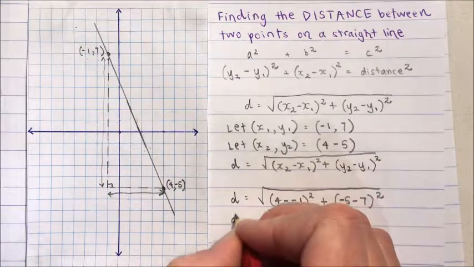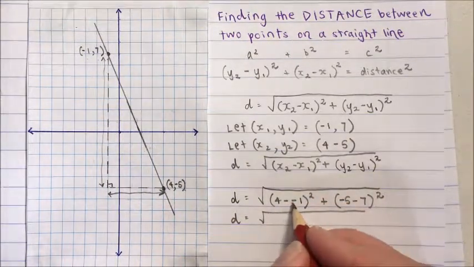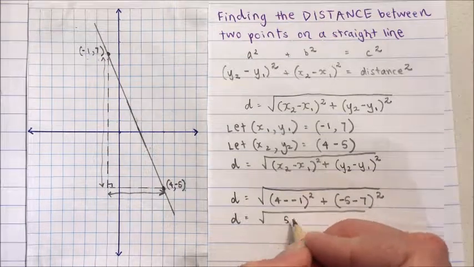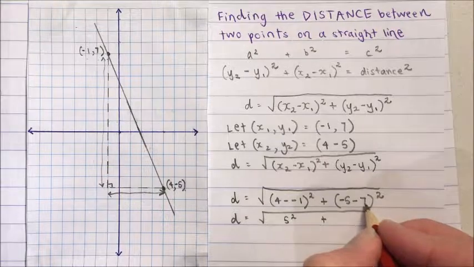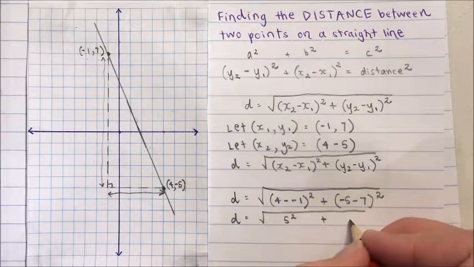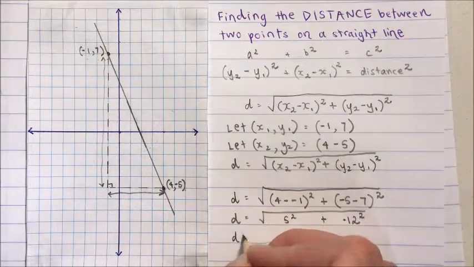Okay, so the distance is going to equal the square root of 4 minus minus 1 squared, which is 5 squared, plus -5 minus 7 squared, which is -12 squared.